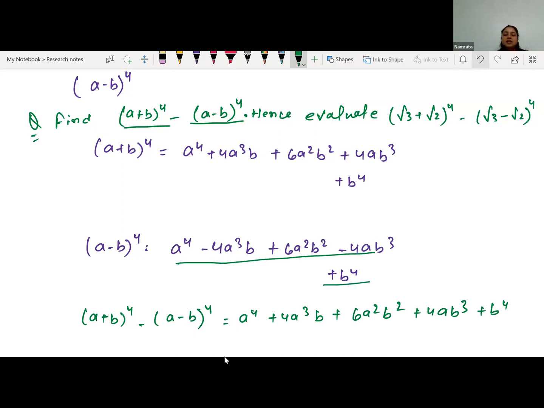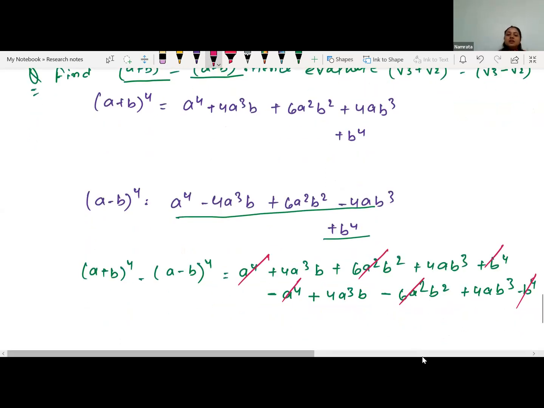Yes, ma'am. So let's change the sign directly. We will have minus a to the power 4, then plus 4a cube b, then minus 6a square b square, then plus 4ab cube, then minus b to the power 4. And let's cancel the terms which are positive and negative, the same term. a to the power 4 cancelled, 6a square b square cancelled, b to the power 4 cancelled. Is it clear so far, Lena?